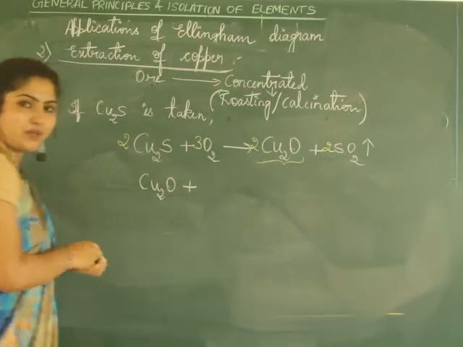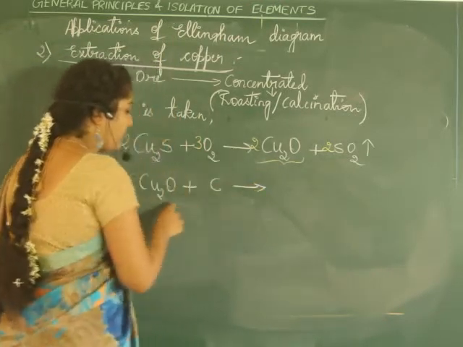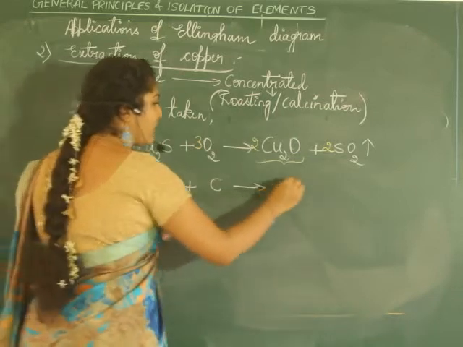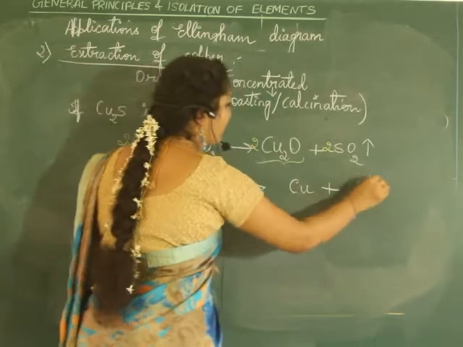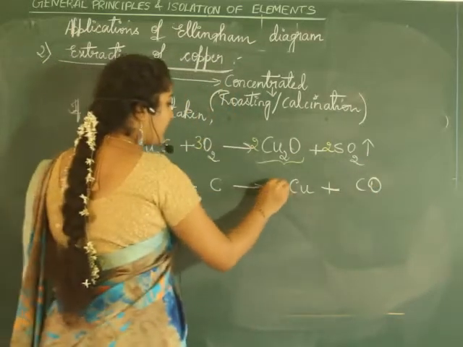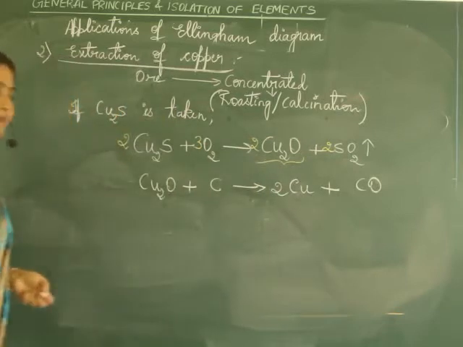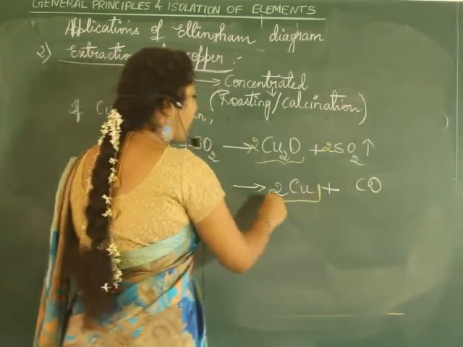So coke can be used as reducing agent. So we use coke. Now what will be formed? We get copper along with the formation of carbon monoxide. Try balancing it. Clear? So this is how we get copper extracted.